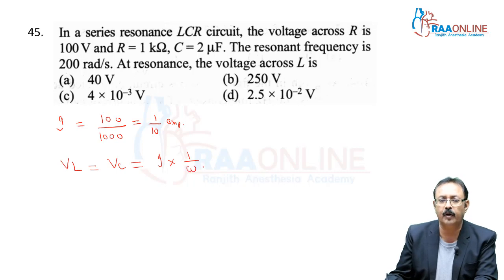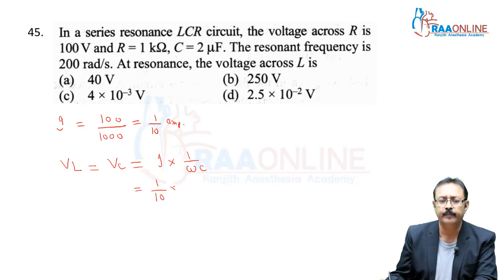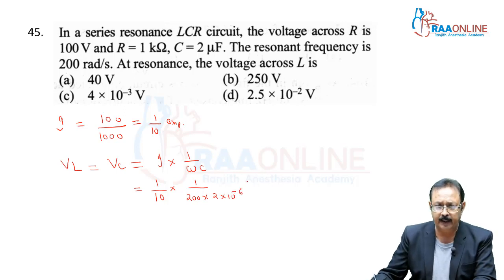XC means 1 upon omega C. Now everything is given. I is 1 by 10. Omega is 200 radian per second, and C is 2 into 10 to the power minus 6. Take minus 6 to the numerator.